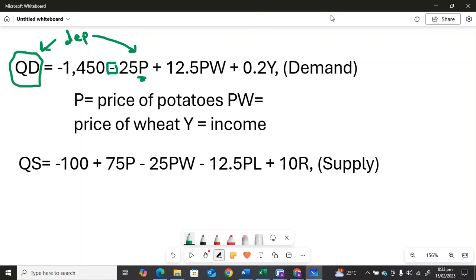Negative, opposite directions. Positive, same direction. So if price of potatoes goes up, since there's a negative relationship, quantity demanded will go down. And if the price of the potatoes goes down, the quantity demanded for the potatoes is going to go up.